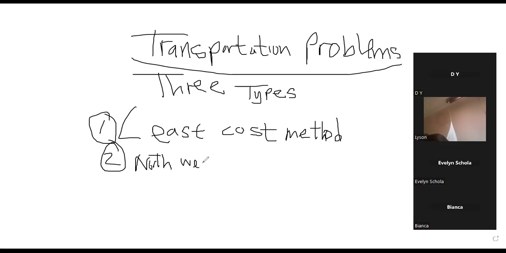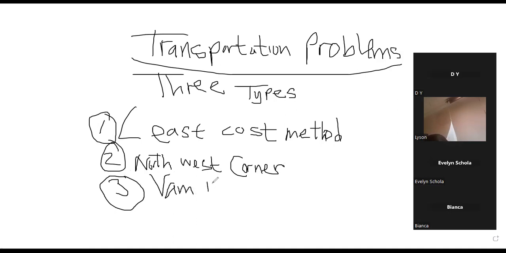Then the other one is the VAM method. All right, so these are the three types of transportation.